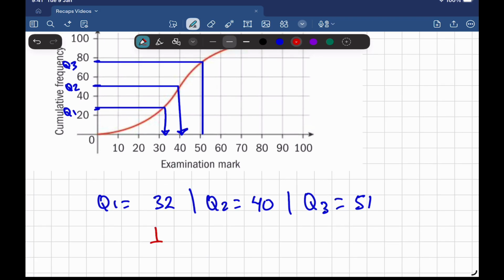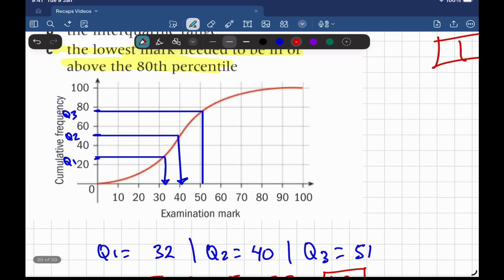Then if we want to find the IQR, this is Q3, 51 minus 32. In this way we can find the IQR, and in this case this is 19. This is my IQR.